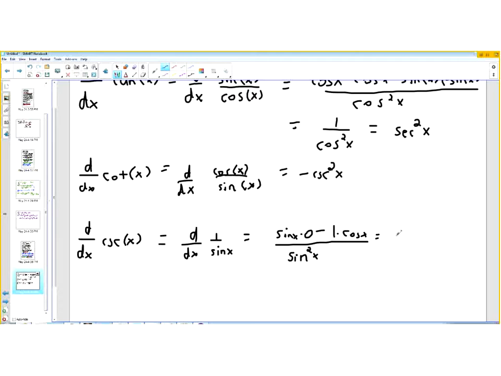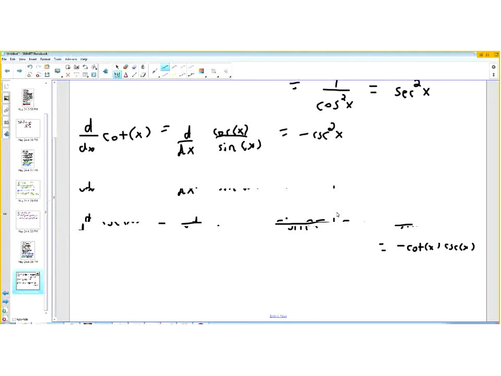That would just be minus cosine x over sine squared x, which equals negative cotangent of x times cosecant of x. So memorize that as well.